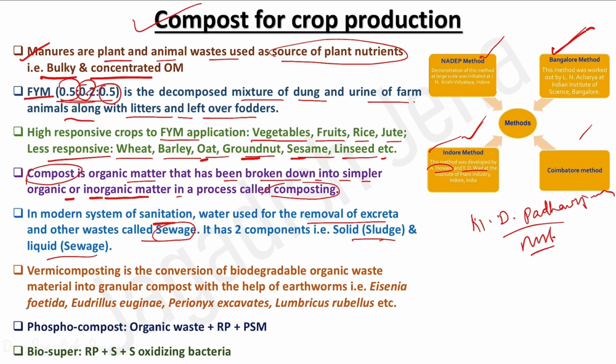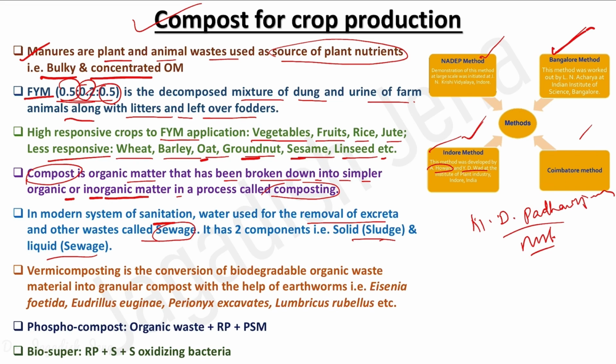This sewage needs to be treated before it is used in agriculture, because it contains heavy metals and different toxicants. So whether it is the sewage water or the sludge, it should be treated before use in agriculture, otherwise it will contaminate the field.